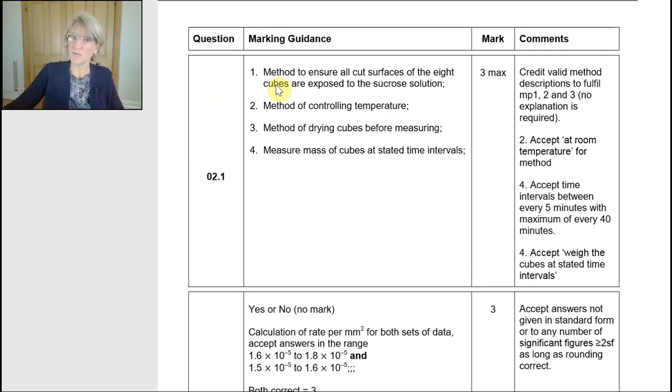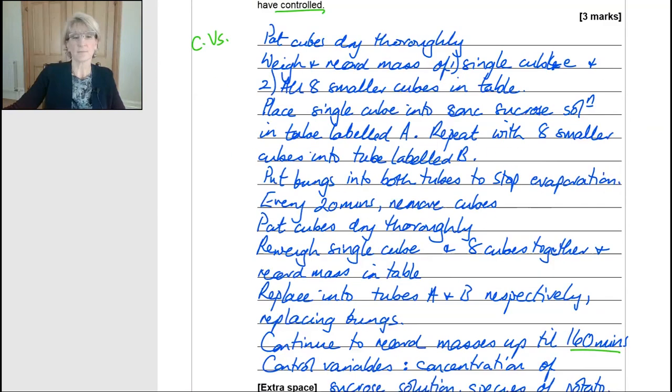I probably should have remembered it because I absolutely know that part of this practical is about shaking the cubes regularly to mix them around in the solution. Method of controlling temperature, I didn't get it. Method of drying cubes, I got that one, and measure mass at stated intervals. So I got 2 out of 3. And I'm going to be honest, I think an awful lot of students probably only got 1 or 2 marks out of 3. I think those were hard marks to get.